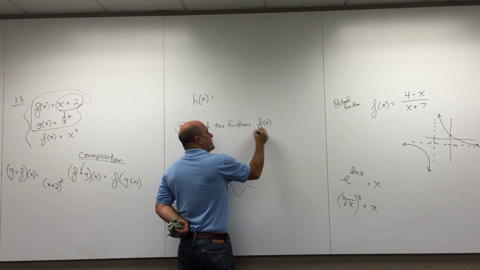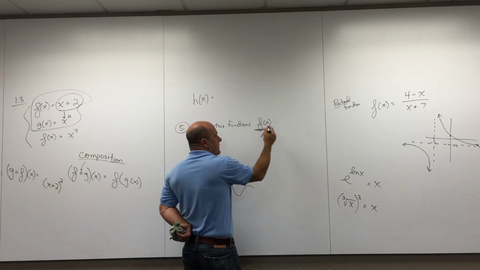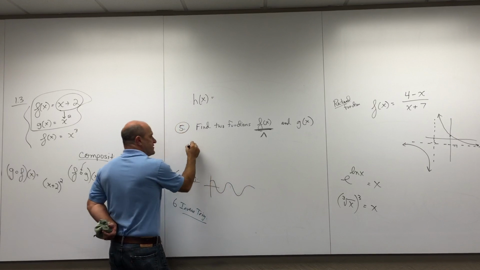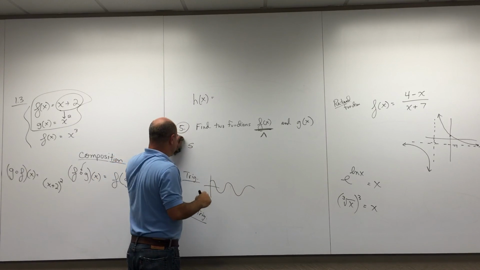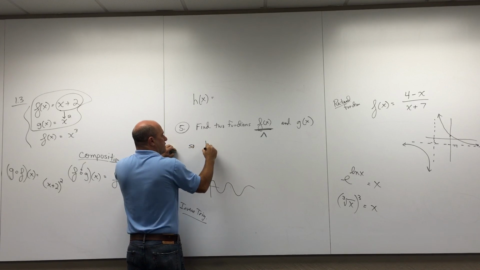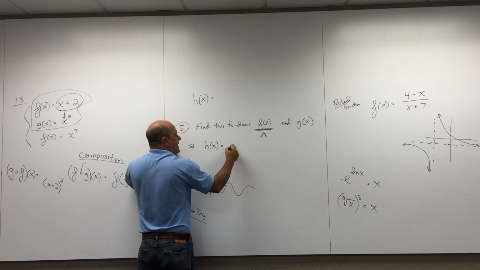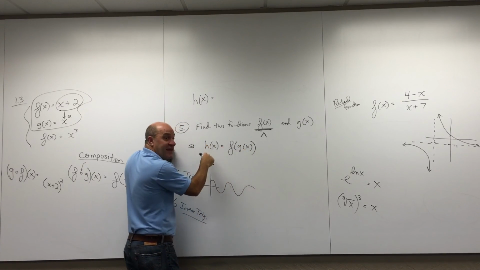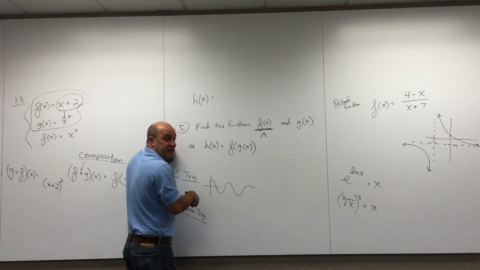This was missing, so this needs to be inserted here. Find 2 functions, f of x and g of x, so that h of x equals f of g of x. See, that's the composition. So h is the composition of f and g.